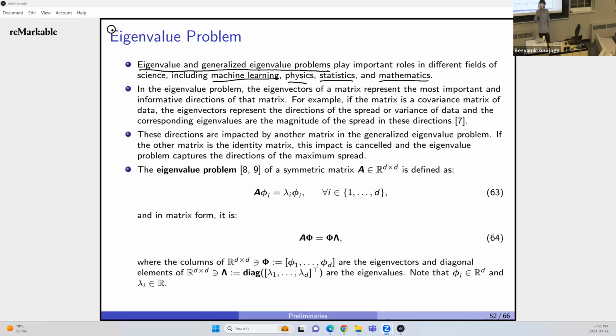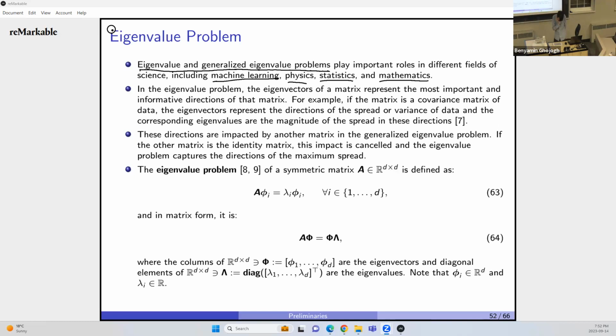And eigenvalues show how important that direction is, because the information of the directions is not the same. One direction has more information than another, right? And these directions are orthonormal to each other, so the information of one direction is not contained in the information of the other. Intuitively, this is what eigenvalue decomposition is doing: showing you the important directions of a matrix and telling you how informative each direction is.